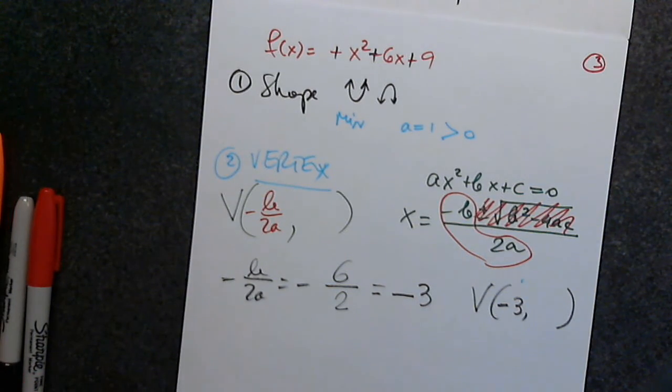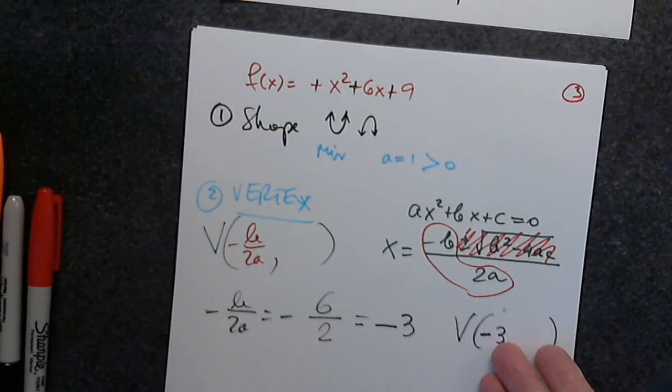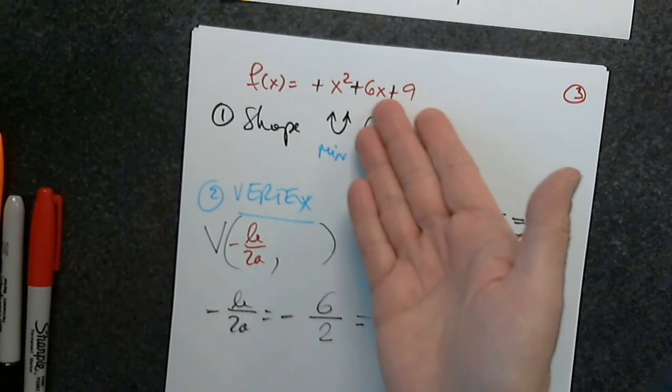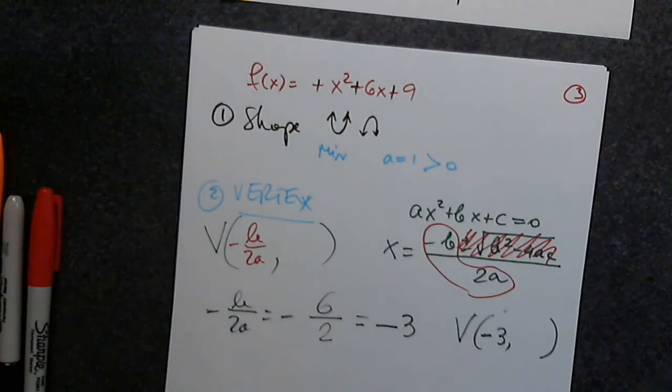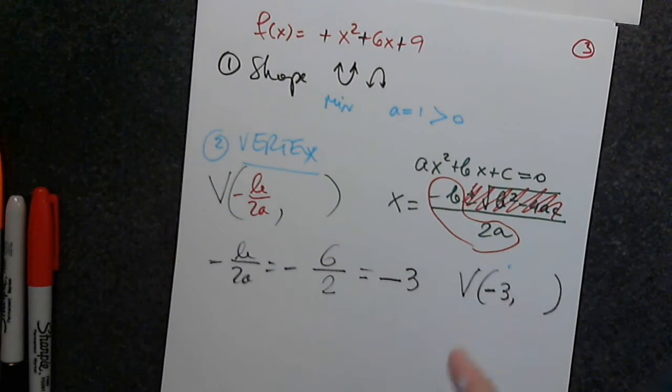So if I say to you, I have a function for you. I'm telling you the function is x squared plus 6x plus 9. And I'm also giving you x is negative 3, and I'm asking you how will you find the y-coordinate of that point.